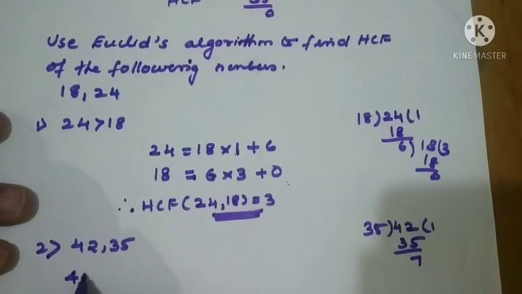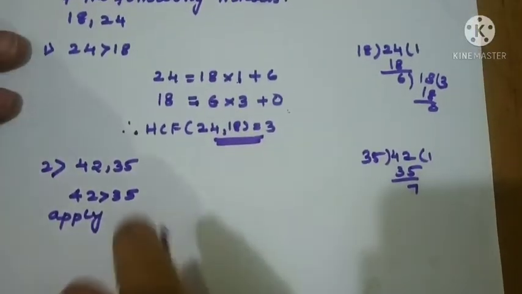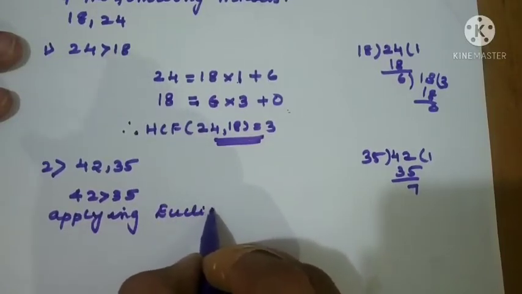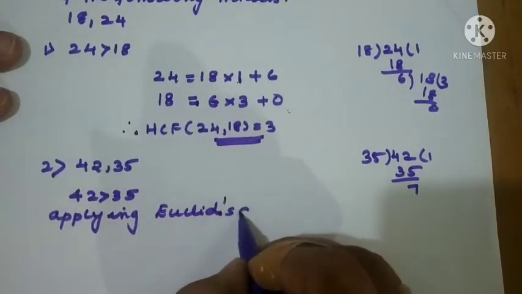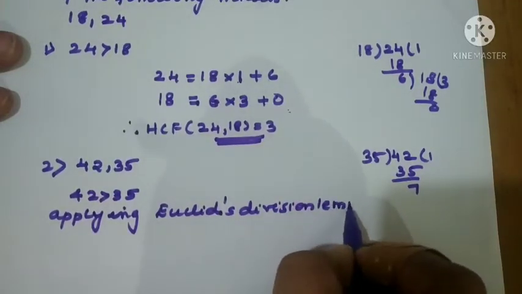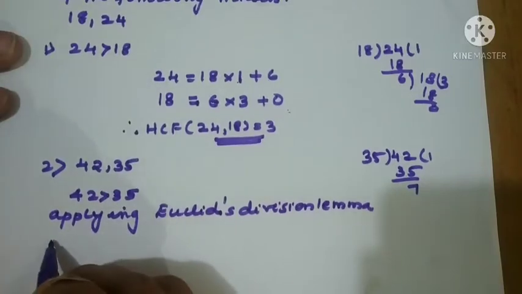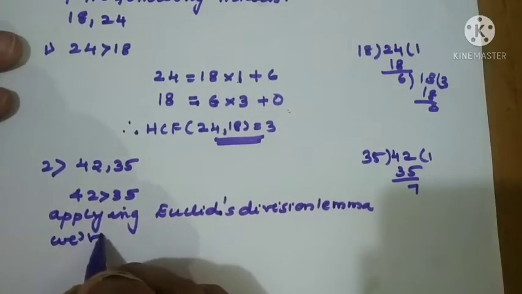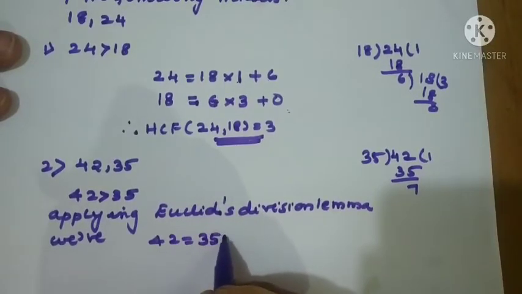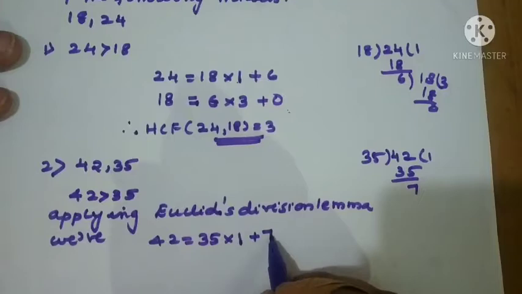First we have to write that 42 is greater than 35, applying Euclid's division lemma. We have 42 equal to 35 into 1 plus 7.